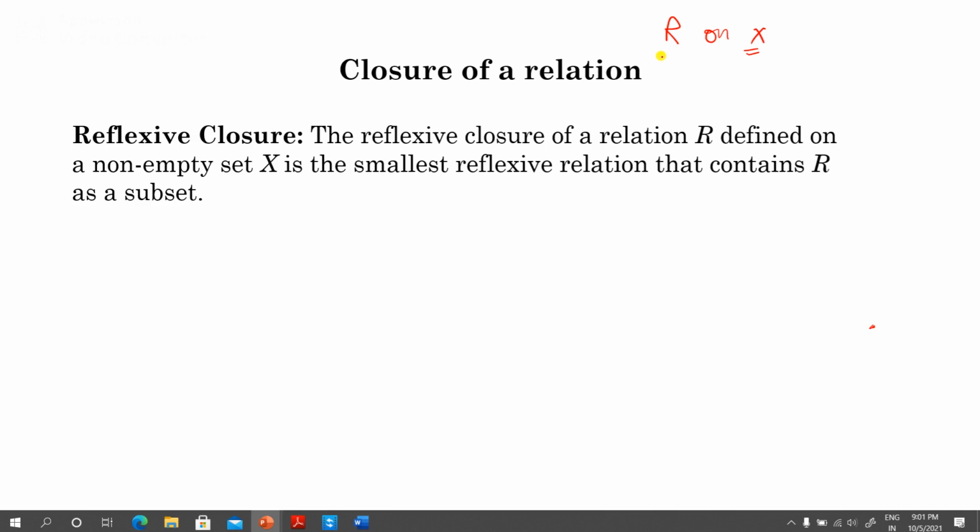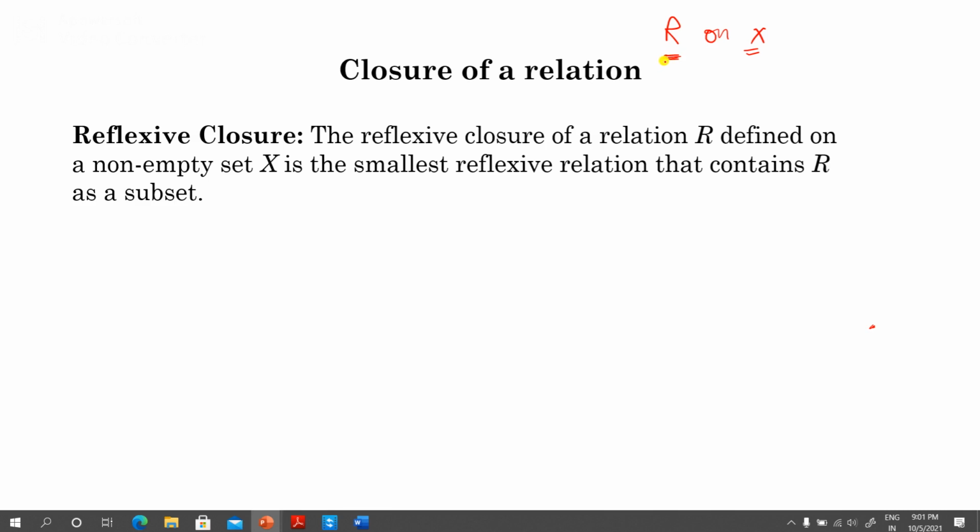can we make it reflexive, symmetric or transitive? To convert the relation R into a particular type of relation, we have to add some elements to it, because right now R is not reflexive.